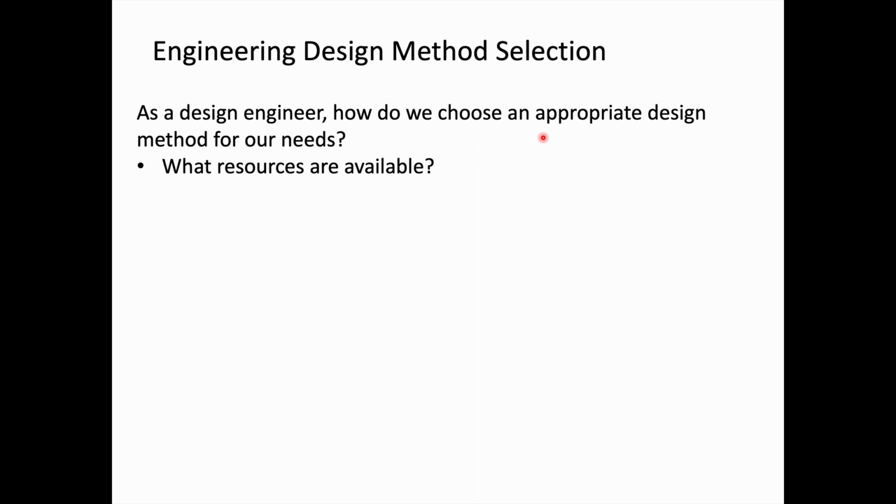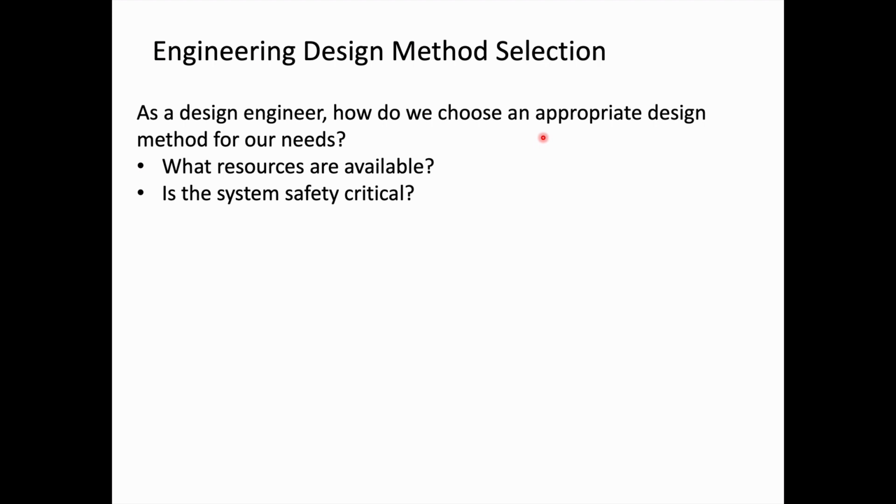There are a lot of questions that you can answer along the way in making this decision about how to approach your design problem. First, what resources are available? Is it just you? What kind of computing resources do you have? Or do you have a whole team of multidisciplinary engineers whose expertise you can draw from?